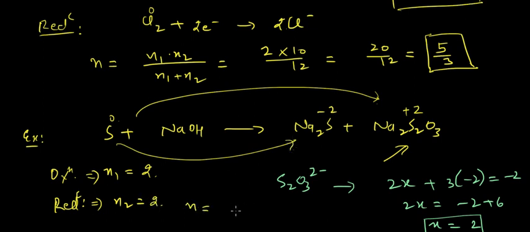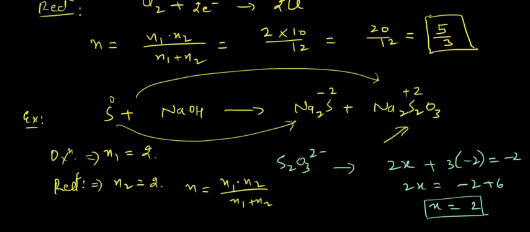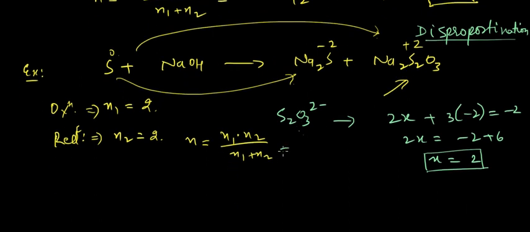So the n factor for sulfur would be n1 n2 upon n1 plus n2 for a disproportionation reaction. This is an example of a disproportionation reaction. So this would be 2 into 2 over 2 plus 2, that is, the n factor would be 1.